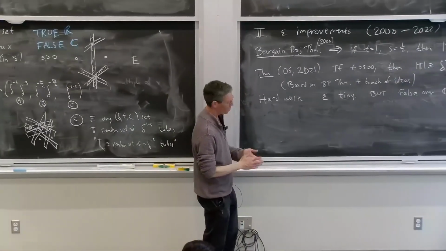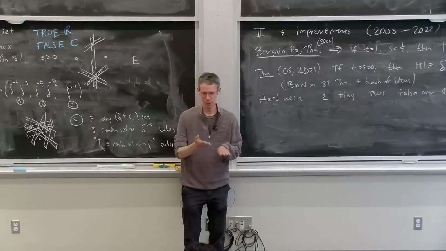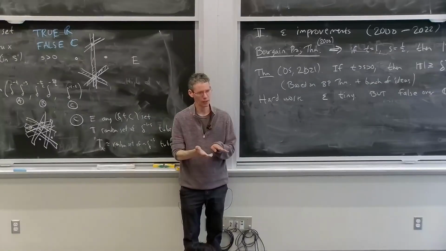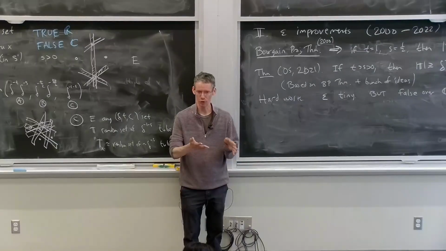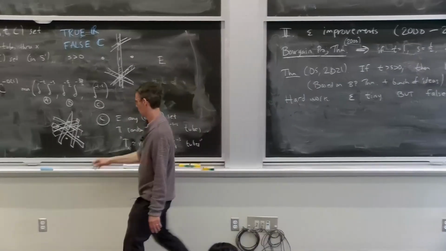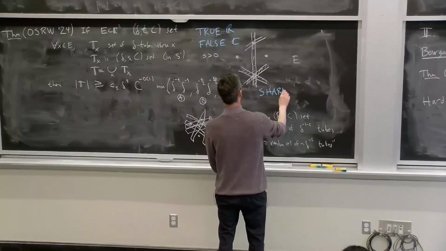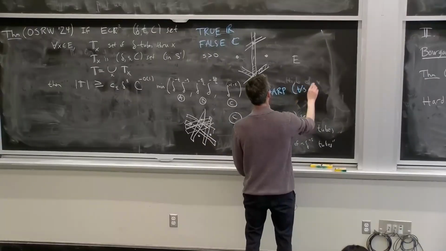Cool. So this theorem represents a third stage in the history, where we didn't just improve by an epsilon over the classical results, but we improved substantially. And in fact, people proved the sharp result. This is, I should mention, sharp for any s and t.